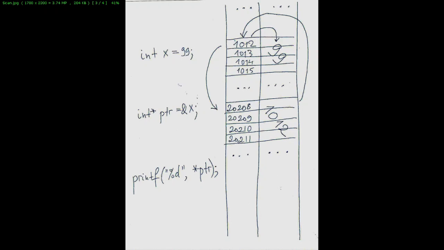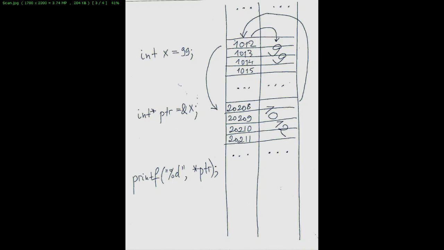And finally, dereferencing operator, you have to also understand very well what dereferencing operator does. For example, I can dereference my variable PTR. What does it mean? Actually, dereferencing is a two-step procedure.